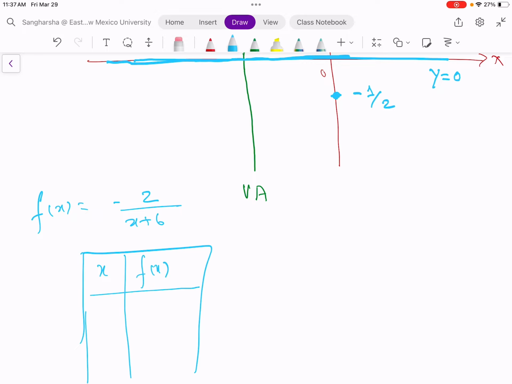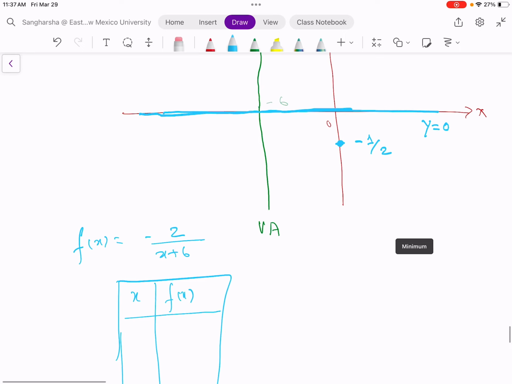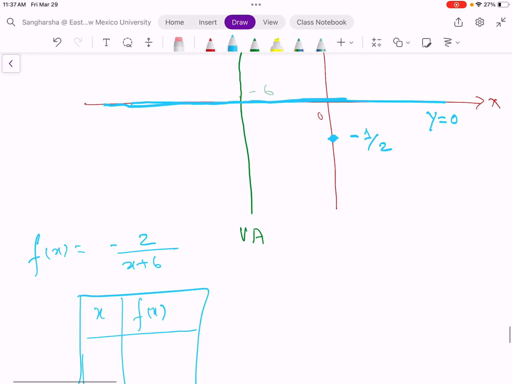Once you know the vertical asymptote, I want you to choose a number very close to -6 on the left and on the right. Now we are doing the left side. So what is a number very close to -6 on the left side? Can we choose something very close, like -5.9?